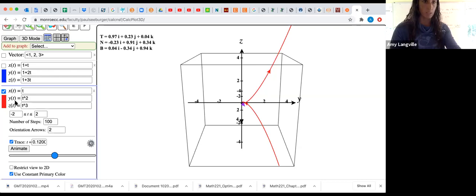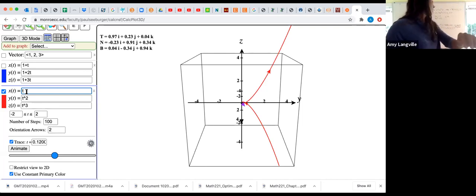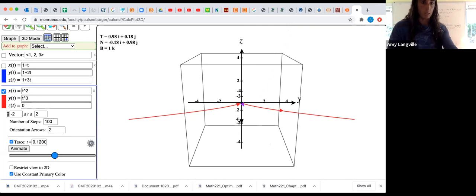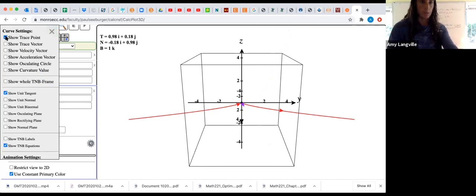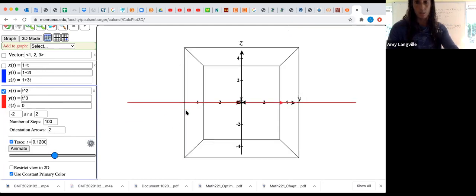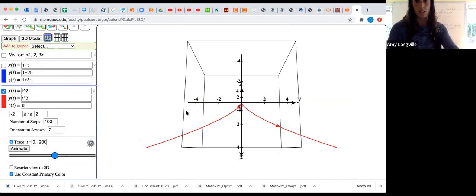Back in CalcPlot3D, let's change our function to t squared, t cubed. It is a plane curve, so we'll set the z to 0. Let's turn off this trace, the tangent vector. All right, now we can get this overhead view.